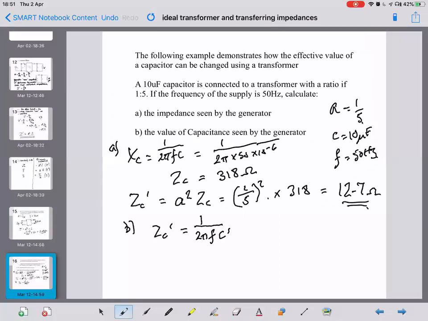Therefore, we can say that C dash is equal to 1 over 2 pi F Z dash. Follow that, everyone?